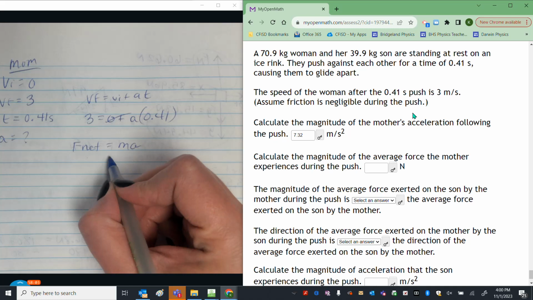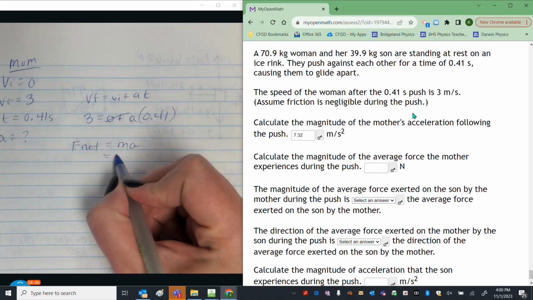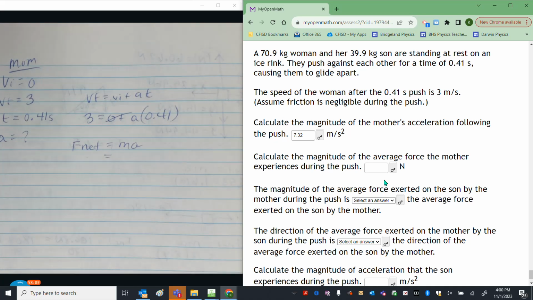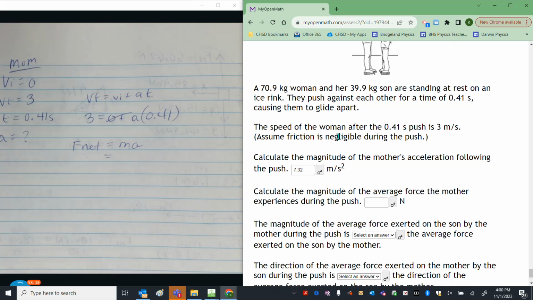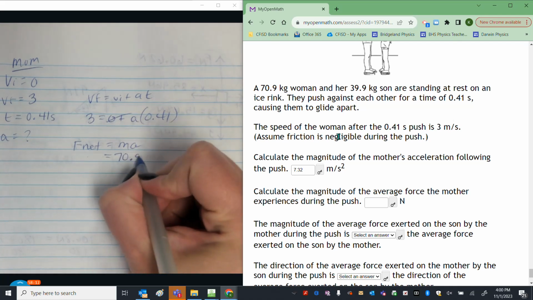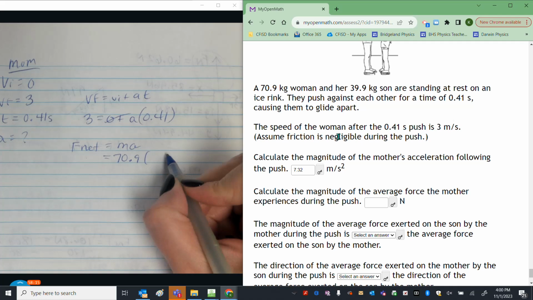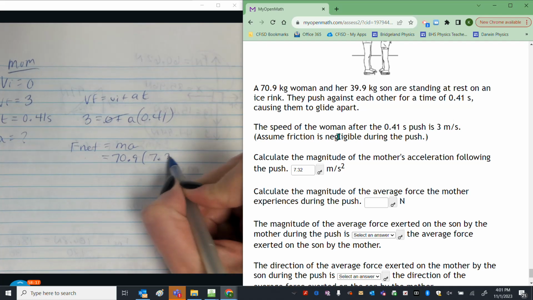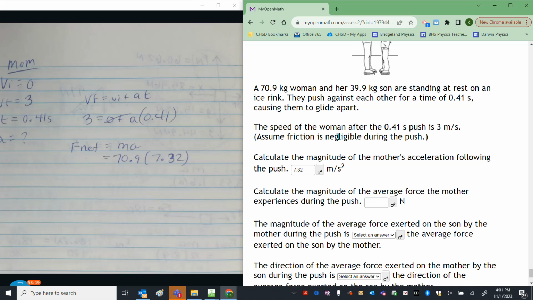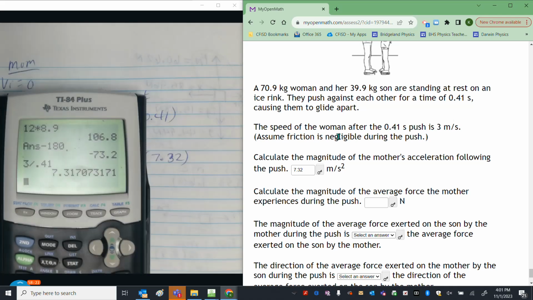So the mother's mass is 70.9. Her acceleration is 7.32. This will give me her net force. So I'm going to take my answer and multiply it by her mass, 70.9 from the question, and this would be the average force that she experiences, 518.78 newtons.